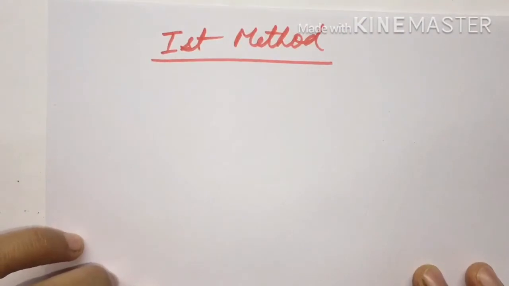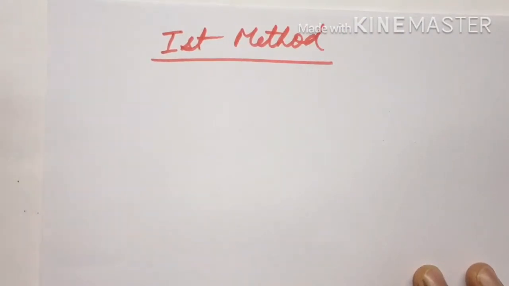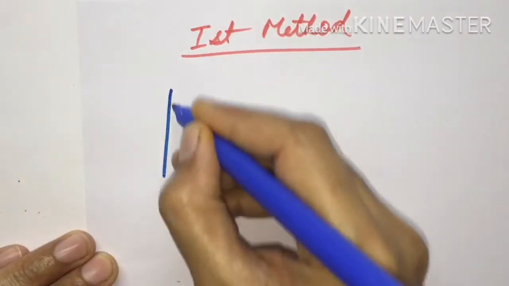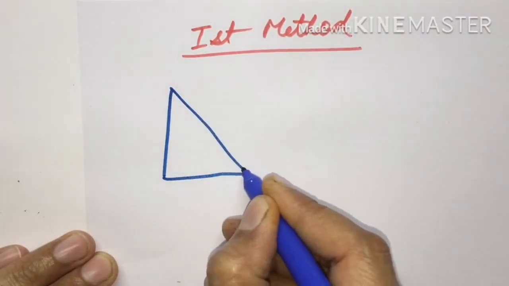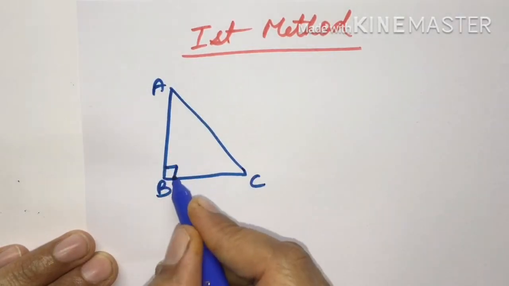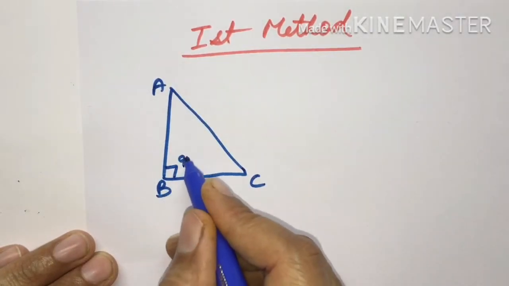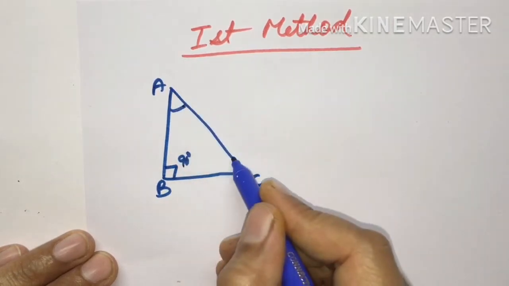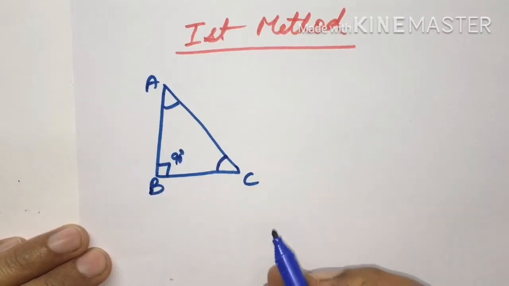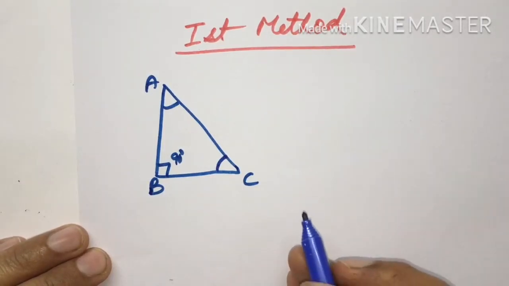First method to find the trigonometric ratios. In this method, first we will take a triangle. Like this is a triangle ABC, and at B it is 90 degrees, and these are two acute angles A and C. So let's see how we can find trigonometric ratios.